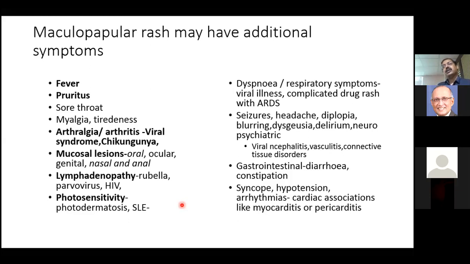Whenever we examine the mucosa, always make it a point to examine not just one mucosa, the oral mucosa or the conjunctival mucosa which is seen. Also examine or ask for history of genital involvement. Very often there may be a small scrotal ulcer which may be a clue for Behçet's disease. There may be a small ulcer or bite mark on the scrotum or the groin or the thigh which may be a presentation of scrub typhus.